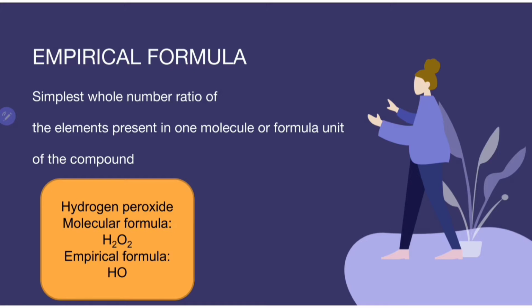For example, you have hydrogen peroxide, the molecular formula is H2O2, then the empirical formula is HO because the ratio is 2 to 2. That's considered as 1 to 1. So the molecular formula H2O2 has the empirical formula HO.